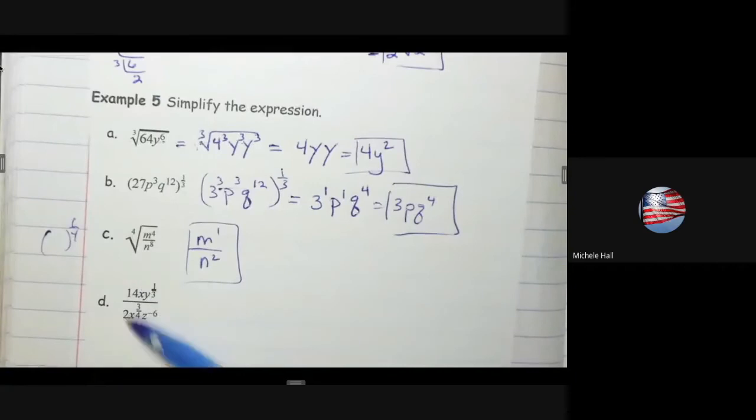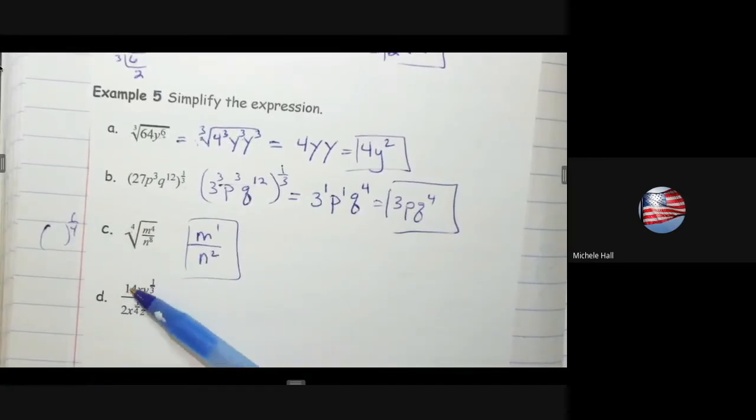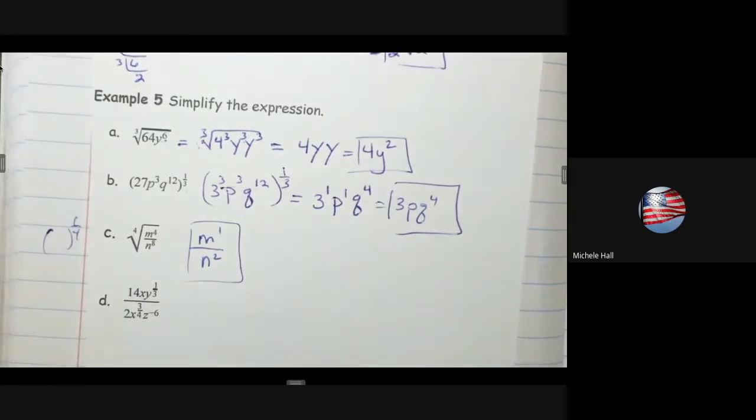We don't have any parentheses around this, grouping this all together. These are all individual. We have 14 divided by 2, x divided by x to the 3/4, y to the 1/3 divided by no y's, and z. All right. Here we go. I'm going to space this out a little bit.